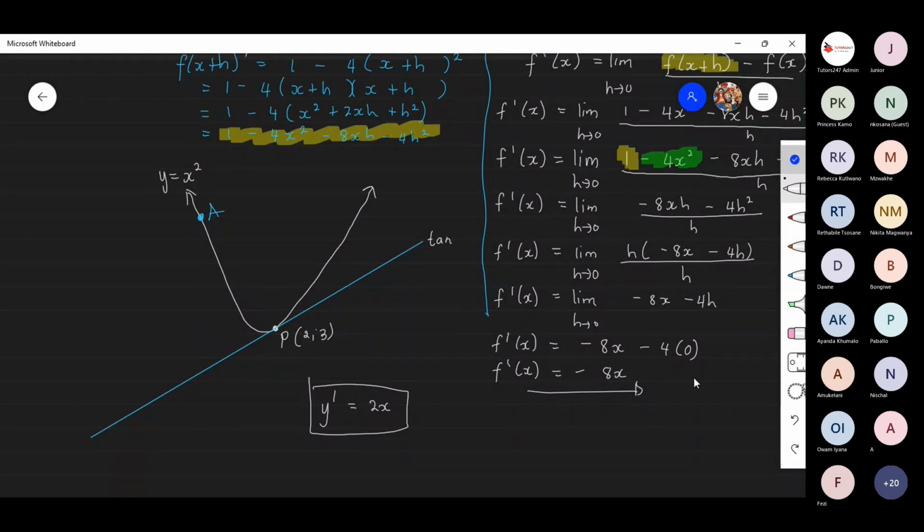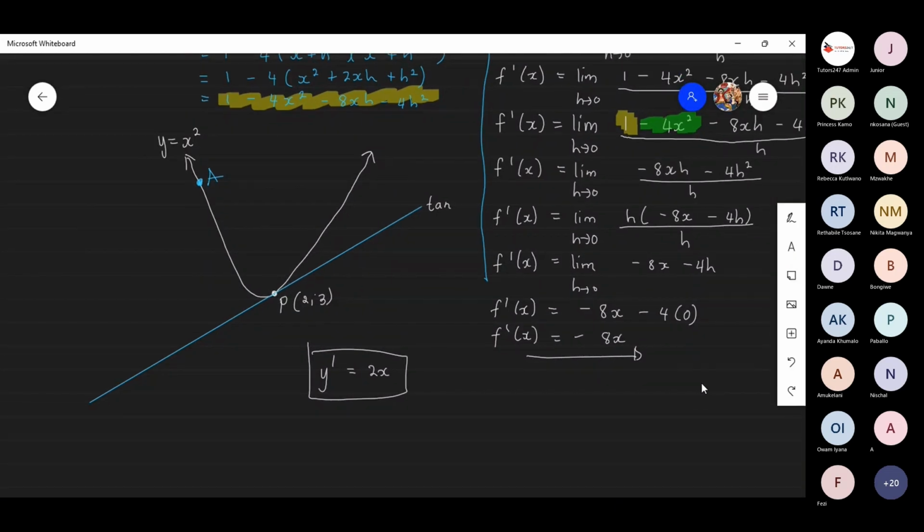Now, if we want to calculate the gradient at point P of the graph y equals x squared, we substitute 2 into our derivative. That'll give us the gradient at that point. If we want to find the gradient of our tangent that touches the graph at point P, we will therefore substitute the x value at that point, which is 2.